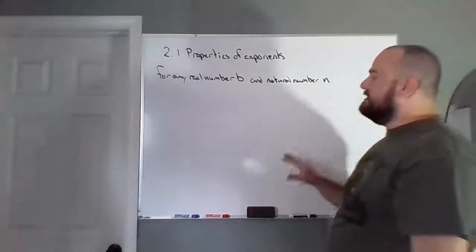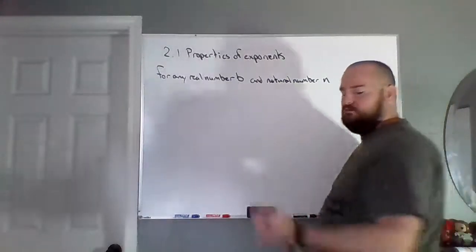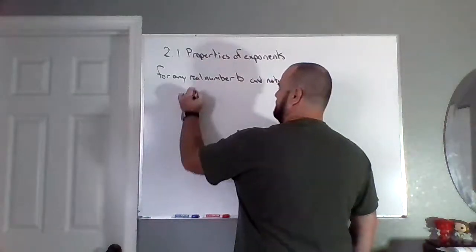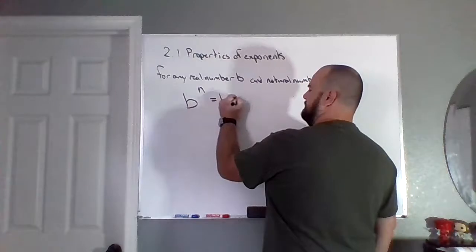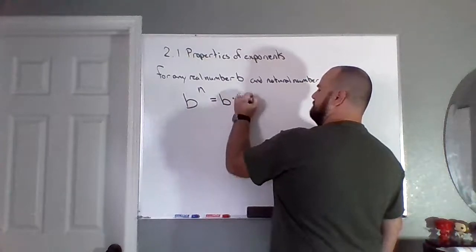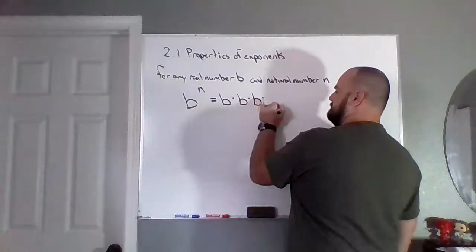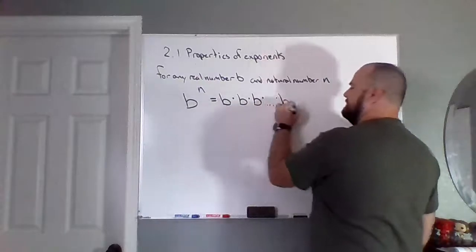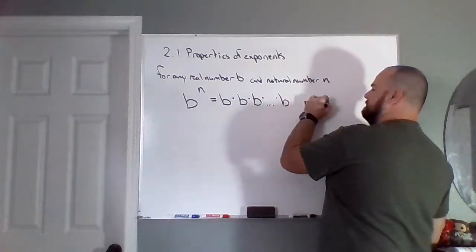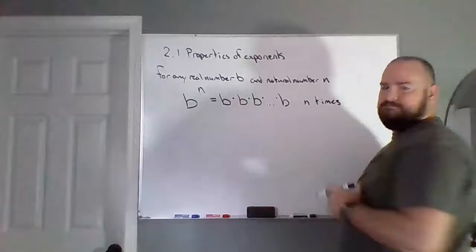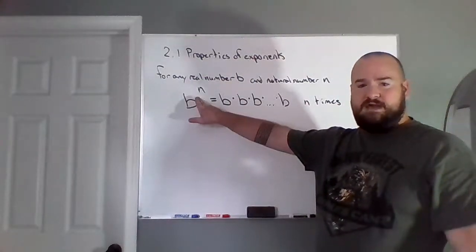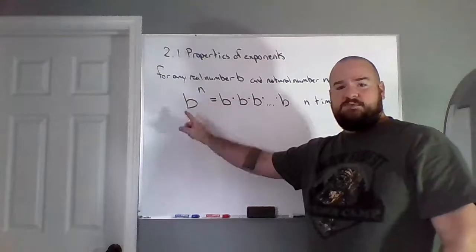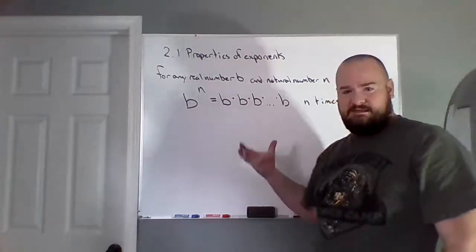Okay? So for any real number b and natural number n, we say that b to the n is the product of b times b times b, continue doing that, times b, n times. So any real number raised to this power means that we multiply it by itself that many times.